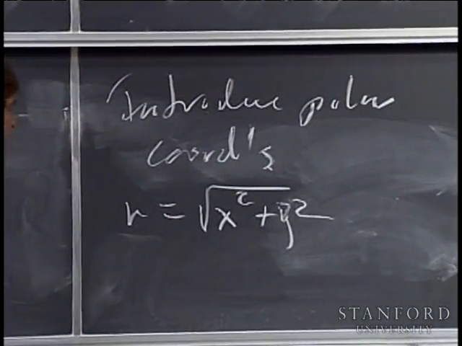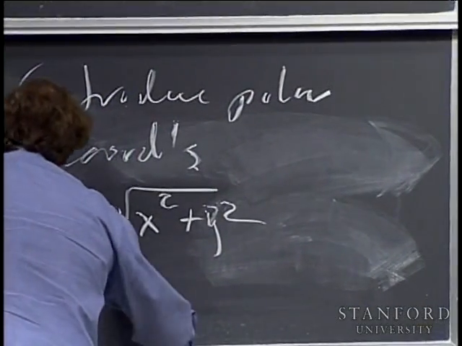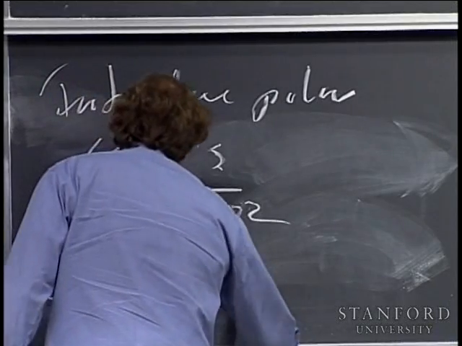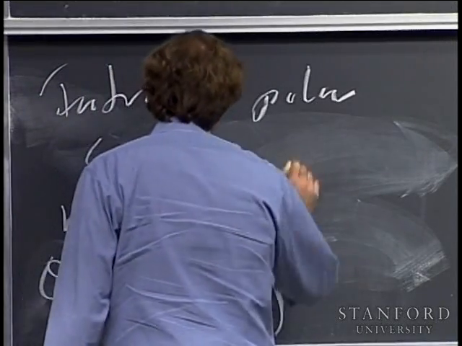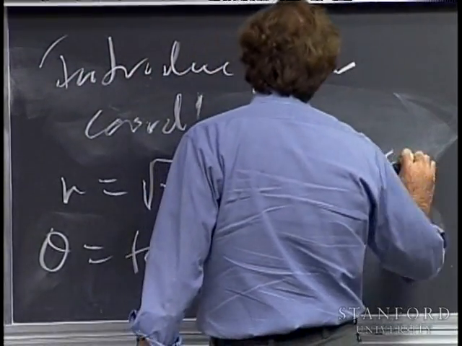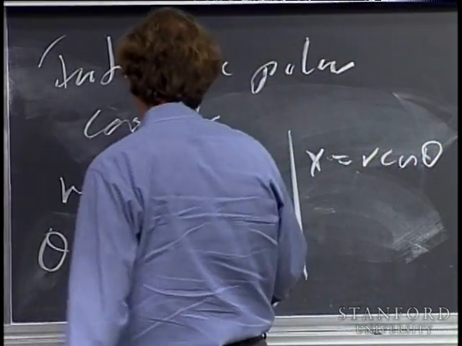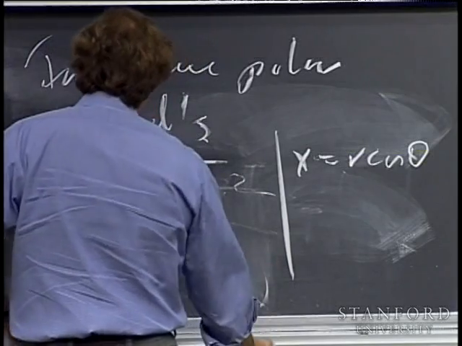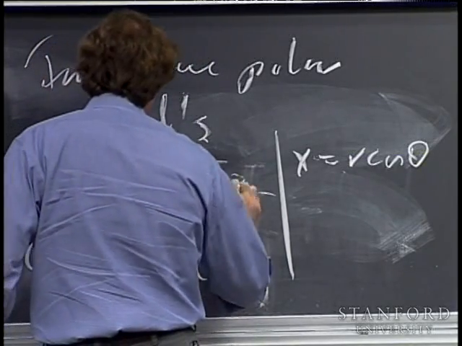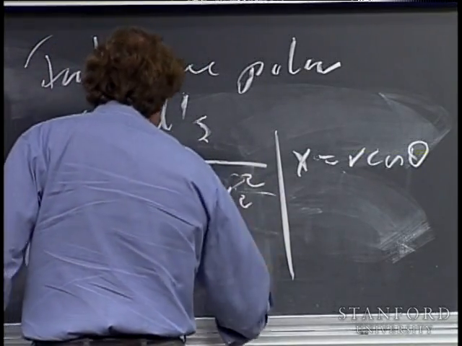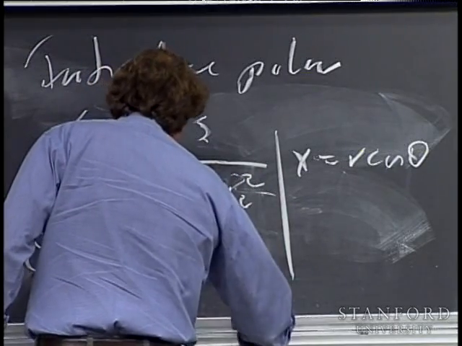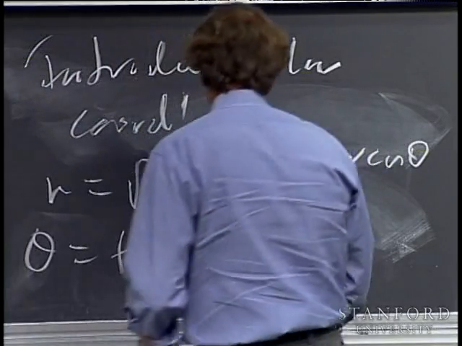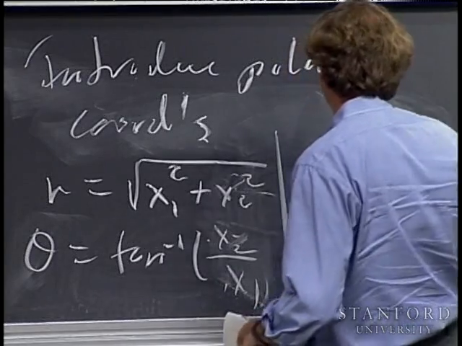And theta is equal to arctan of y over x. Or going the other way, x equals r cosine theta, or I should say, let me use x1 and x2, not x and y. Sorry, let me be consistent here. x1 squared plus x2 squared. Sorry, I'll get it out of the way in just a second. x2 divided by x1, or let me write it over here.